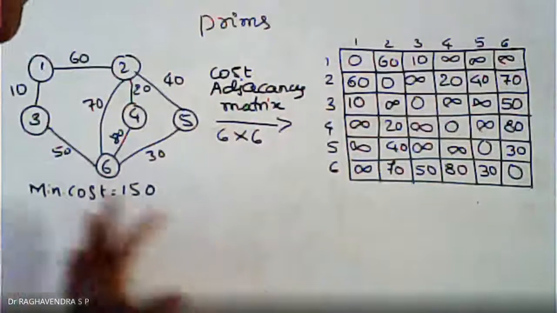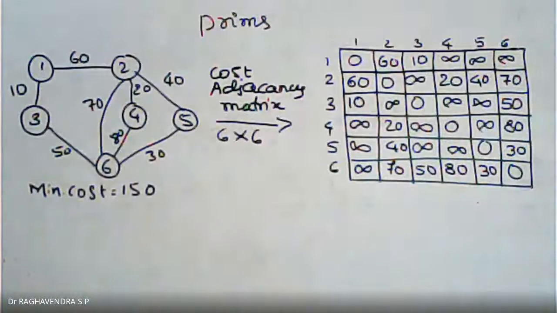So once you convert this into a minimum spanning tree, the tree in a given forest will be like this.